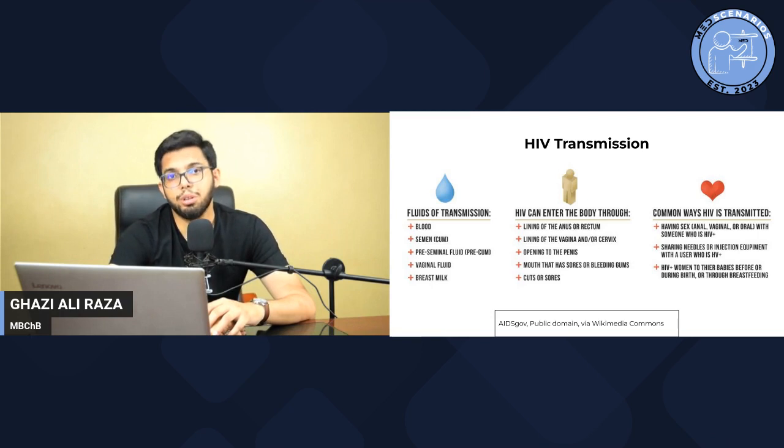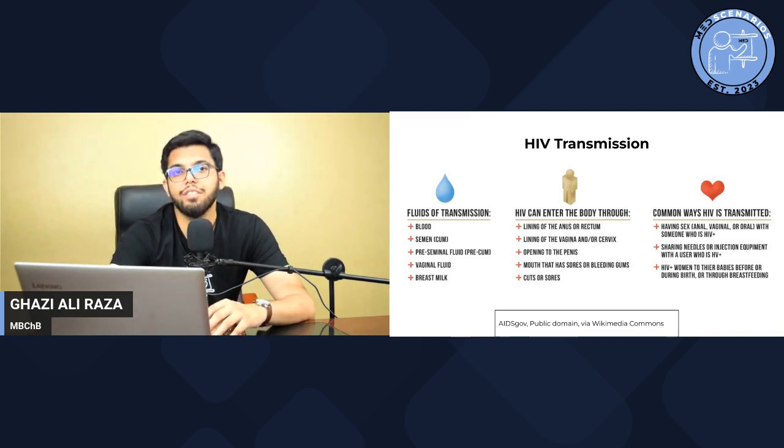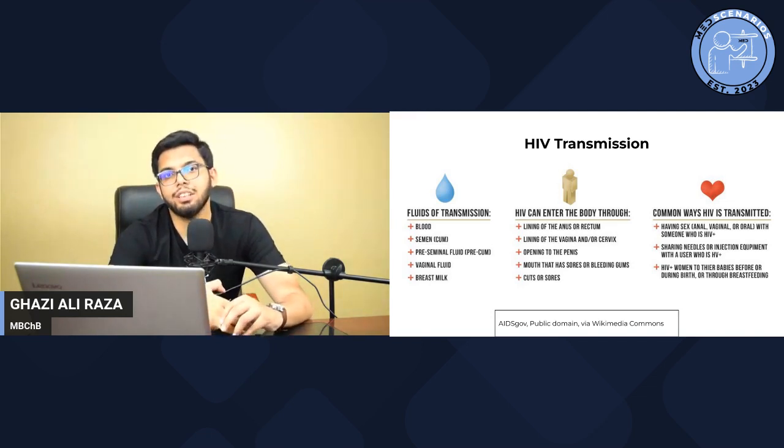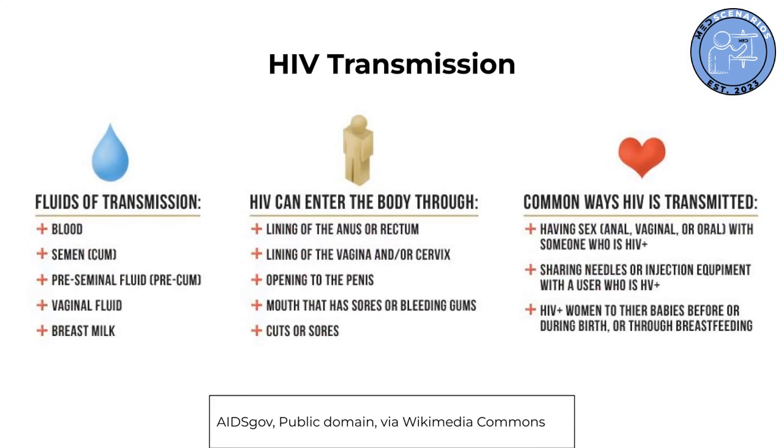Transmission is also produced by parenteral infections, let's say, in hemophilic patients, where they need factor 8 and factor 9 transfusions, and other patients who need other blood product transfusions. In such patients, viruses can enter into the receiver if the blood component is not tested for HIV.